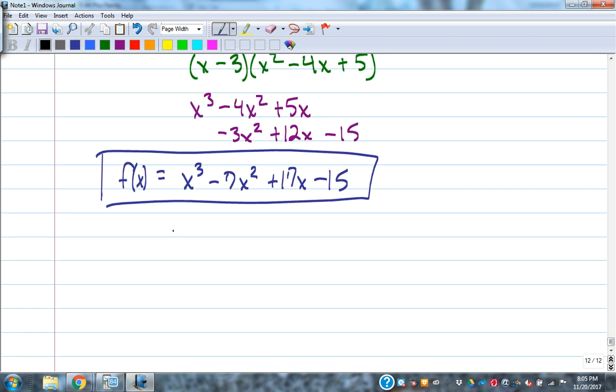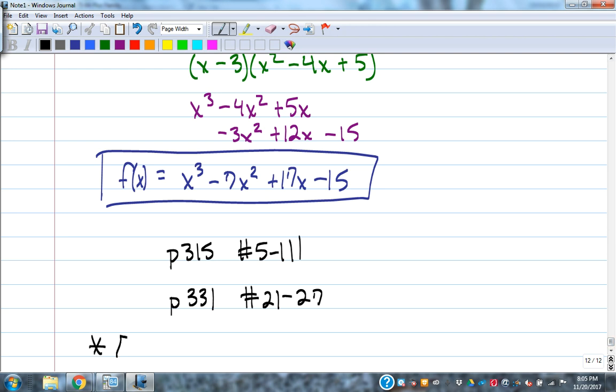All right. A lot of information here. A lot of stuff to look at. If you see some stuff about end behavior, don't forget you can graph polynomials on your calculator and see what the ends are doing. Okay?